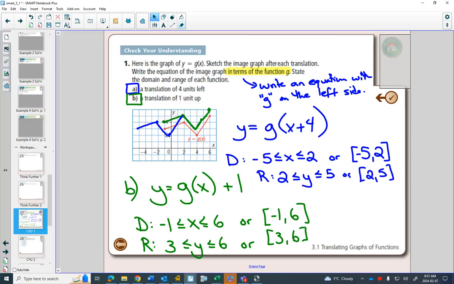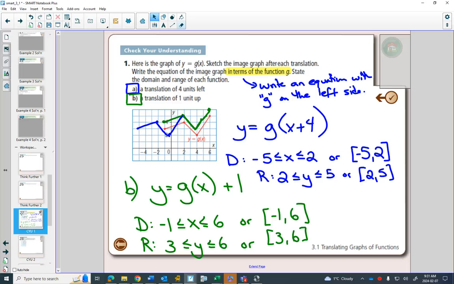So I talked earlier about how pre-calculus is particular. So some strategies we can do to make sure that we can start to develop habits so that we're particular. Once you're done a question, read it again. Check that you've done everything the question asked for. Sketch the image graph after each translation.